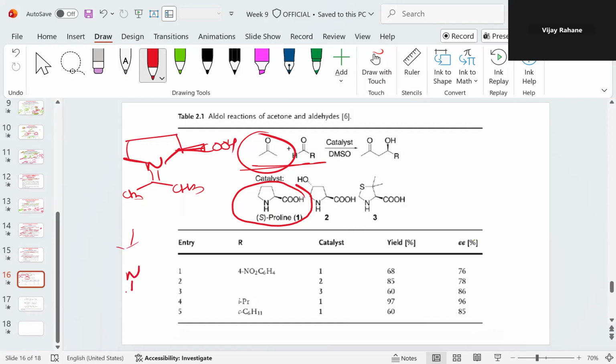So up to here it was the positive charge, right? So this will form this type of enamine. So this was the imine and this is the enamine.